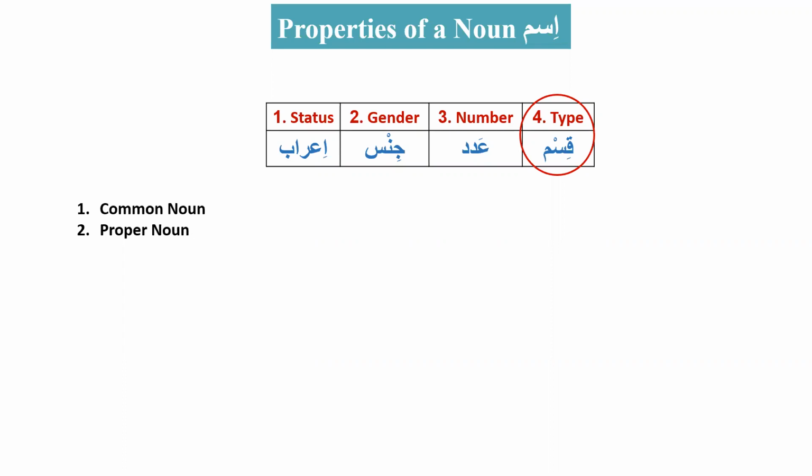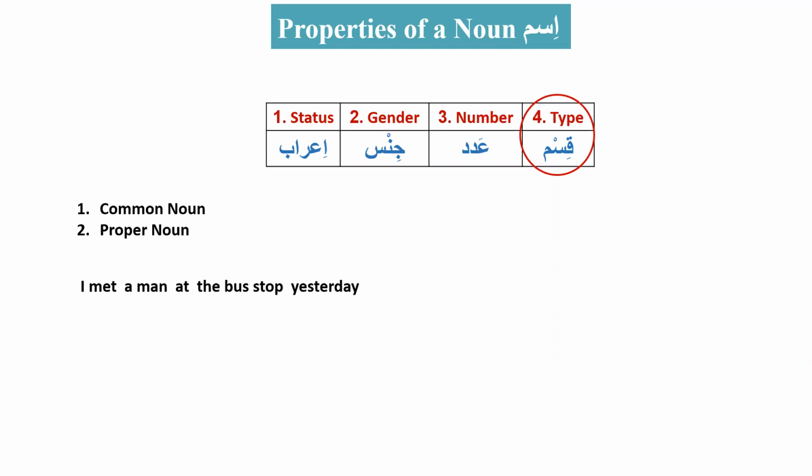I believe most of you know how to identify them in English. All we have to know is how to identify them in Arabic. So first we see how we identify them in English, which you already know.